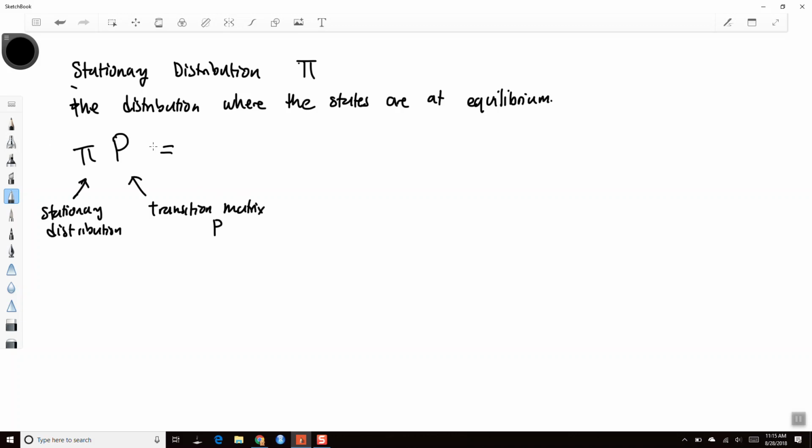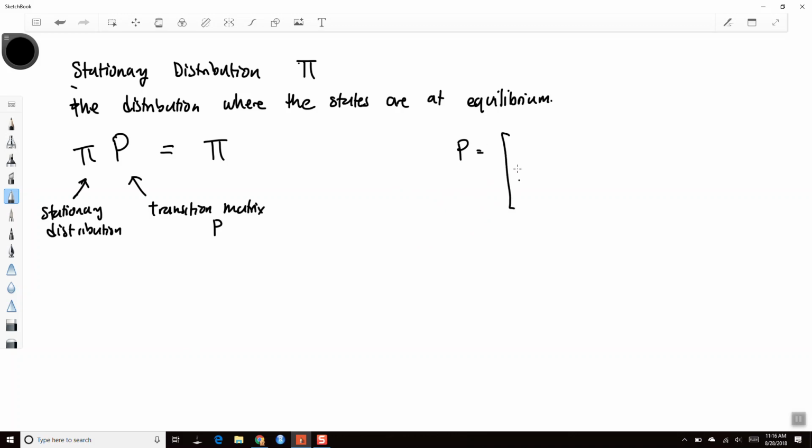If everything's at equilibrium, it will just equal pi, okay? Meaning that after applying the transition matrix, everything remains the same, because even though things may have moved around, everything stays the same.